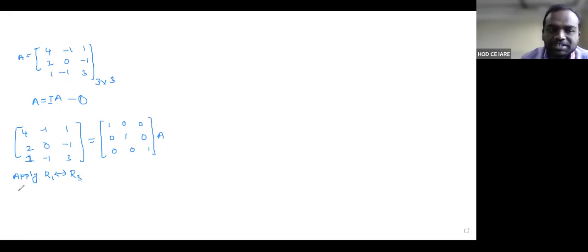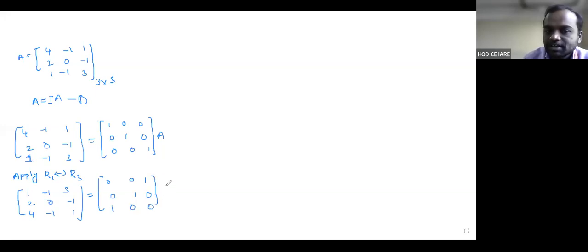So what you get is 1 minus 1 3, 2 0 minus 1, 4 minus 1 1. Or you can also interchange columns, that is your choice. That is equal to 0 0 1, 0 1 0, 1 0 0 into A.